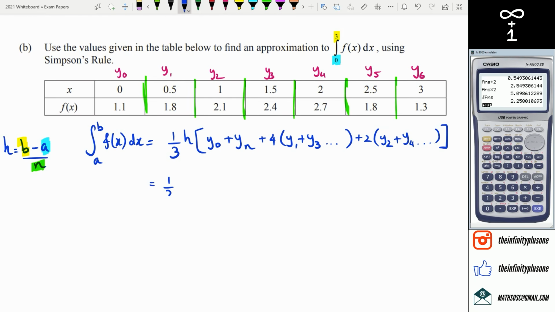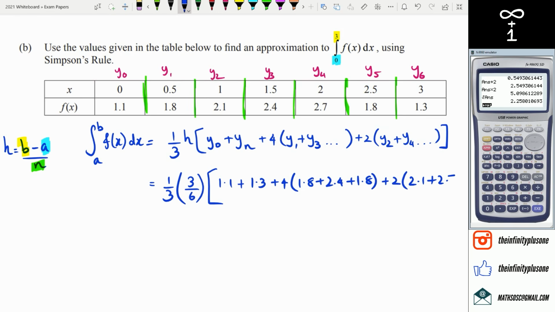So we've got 1/3 times h, which is 3 minus 0, 3 over 6. Then we've got y0, which is 1.1. Yn is basically the last value, so in this case, it's y6. That's 1.3. Plus 4 times 1.8 plus 2.4 plus 1.8. And then plus 2 times 2.1 plus 2.7.